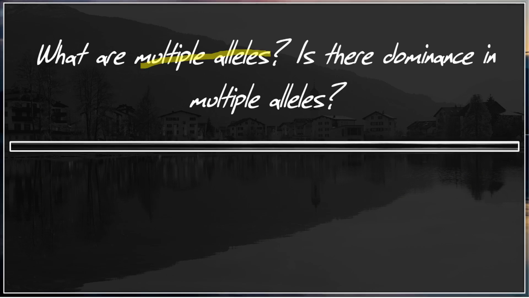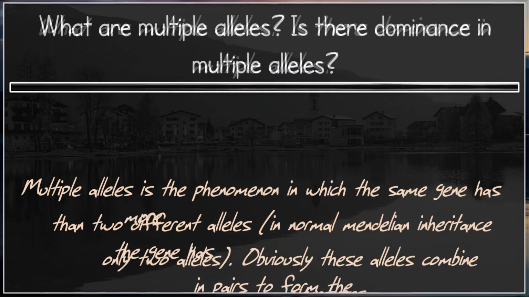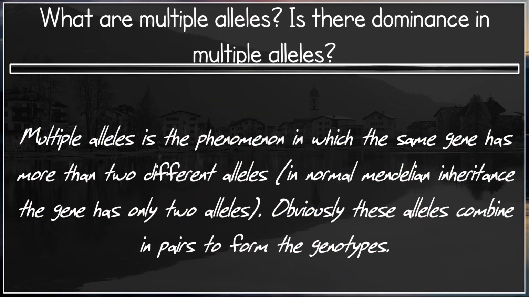What are multiple alleles? Is there dominance in multiple alleles? Multiple allele is a phenomenon in which the same gene has more than two different alleles.